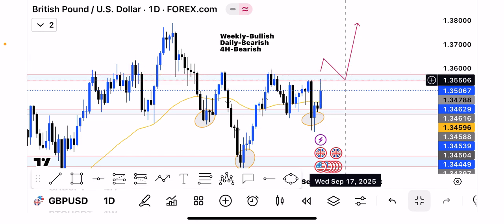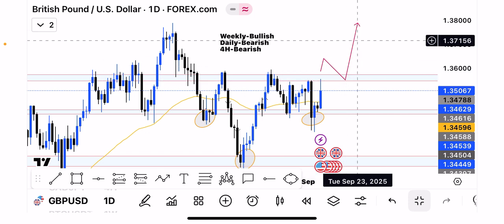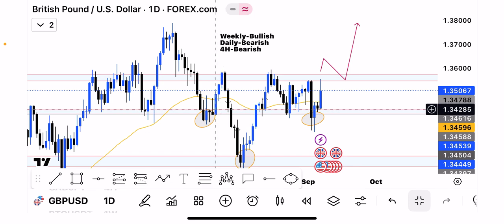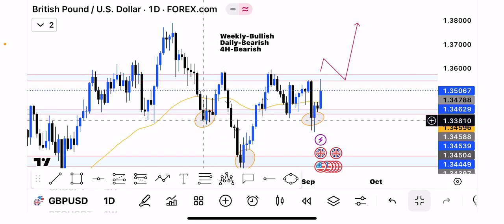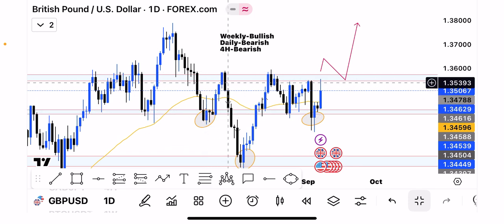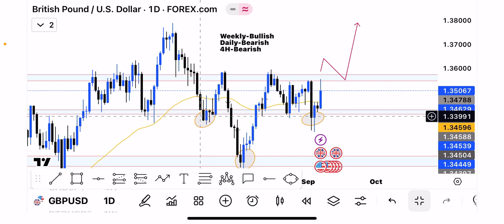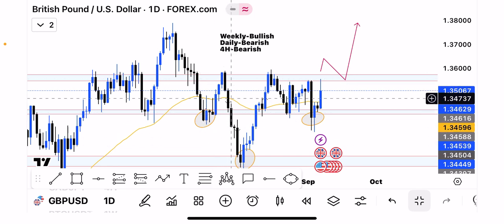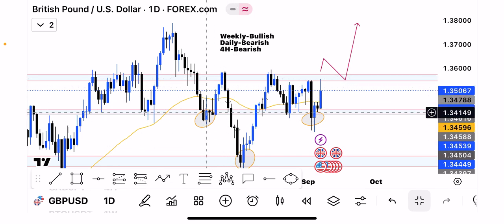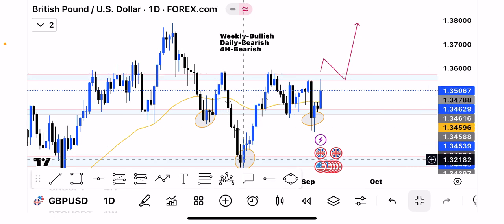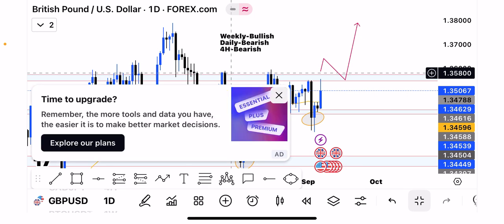I'll look for entry here on the lower time frame to go long. And look at that zone that I mark on the weekly time frame here. You see this place here on the weekly time frame. If you check it very well, you will see that I am bearish on the daily time frame.